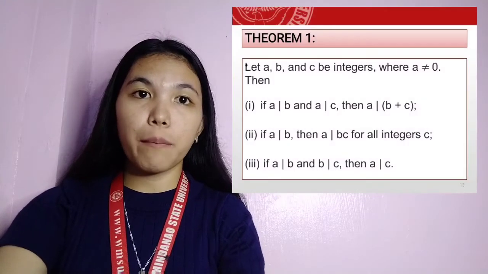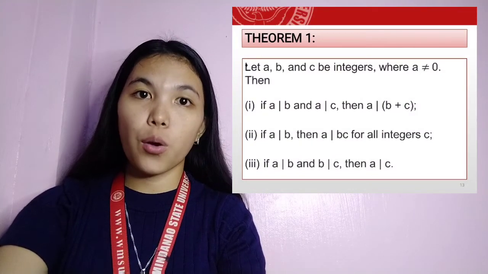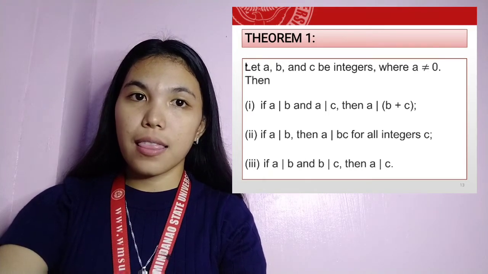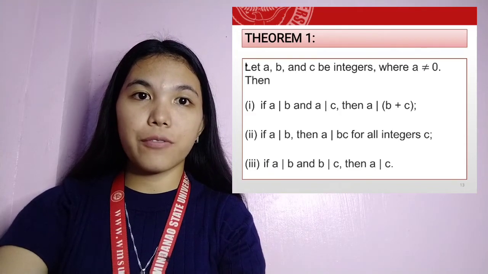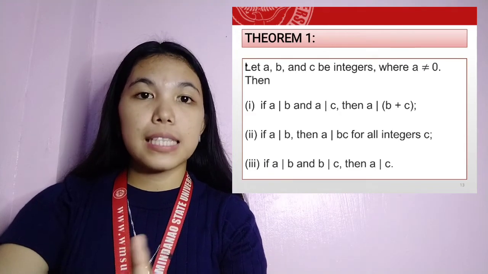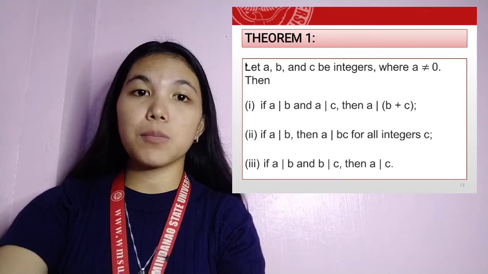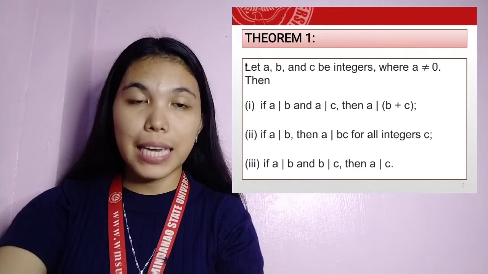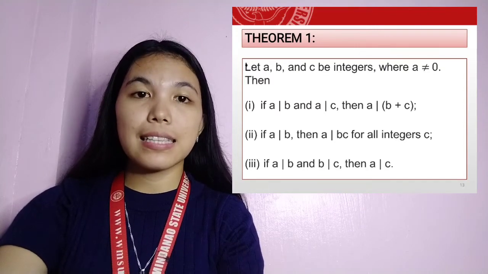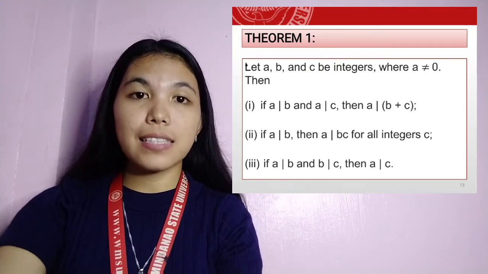So, we have theorem 1. Let a, b, and c be integers where a is not equal to 0. Then first, if a divides b and a divides c, then a divides the sum b plus c. Second, if a divides b, then a divides bc for all integers c. Lastly, if a divides b and b divides c, then a divides c. So we have the proof.